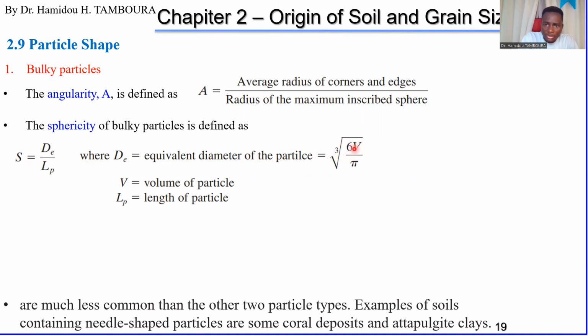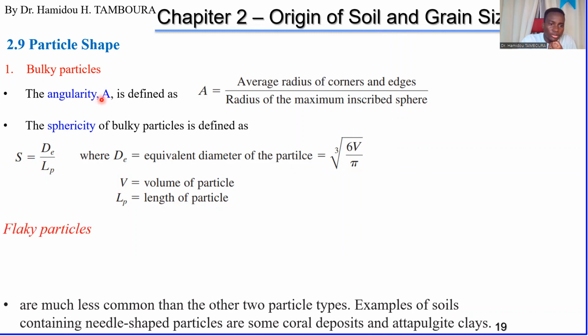In this formula, V is the volume of the particle, and pi, okay? And LP here is the length of the particle. So by using these two, we can obtain how spheric the particle is, and with A, how angular the particle is.